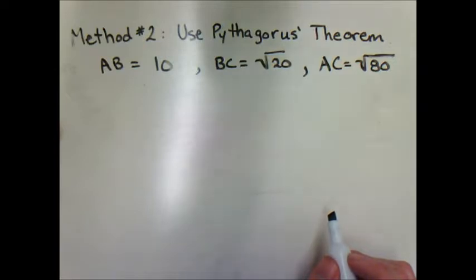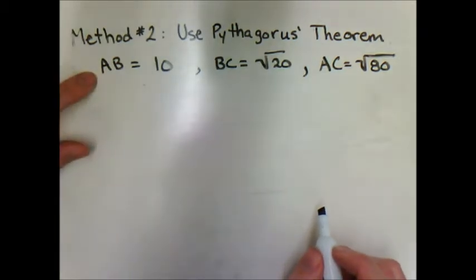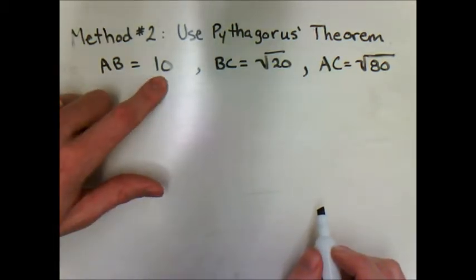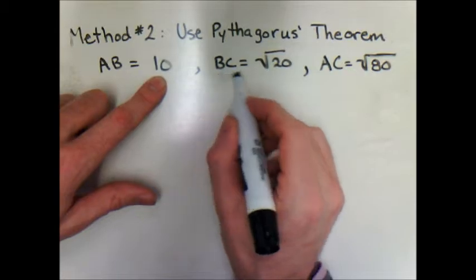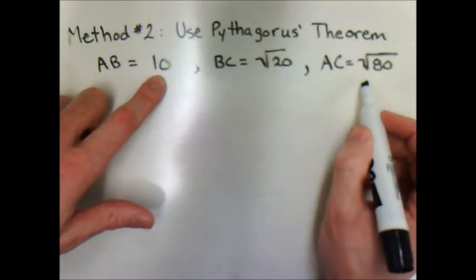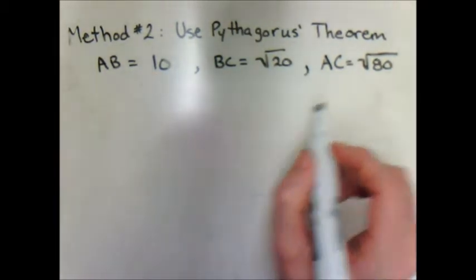So we need to know which side is the longest side in order to know how to put this into our equation. We need to check if the square of the longest side equals the sum of the squares of the two shorter sides. Well, AB here is our longest side because 10 was the square root of 100, which is greater than BC or AC. And so we can sub that in.